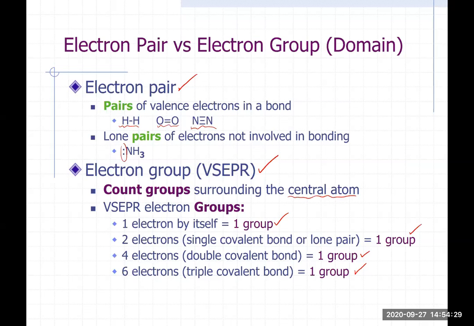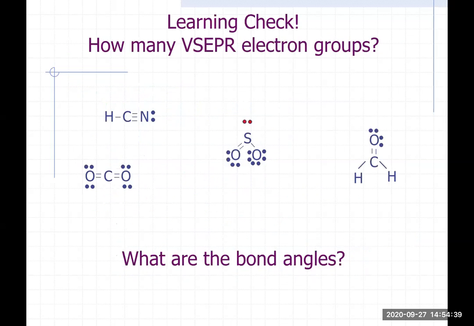So we're looking for a region where there's a cluster of electrons together, and we're calling that an electron group because it has negative charge radiating from it.